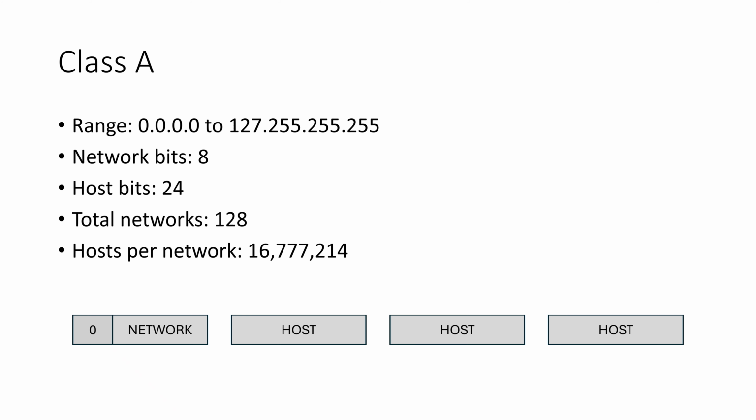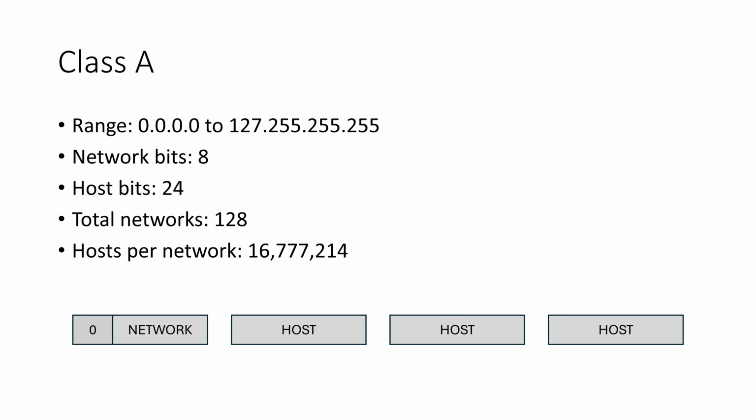Let's break down Class A addresses. They range from 0.0.0.0 to 127.255.255.255. Here, the first 8 bits are used for the network and the remaining 24 bits are for hosts. The first bit is always 0. This way you can also identify that it's a Class A address, and this means that there are 128 possible Class A networks, but each one can have over 16 million hosts.